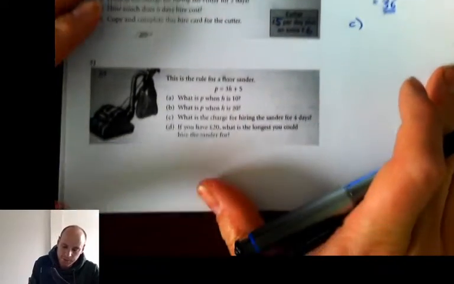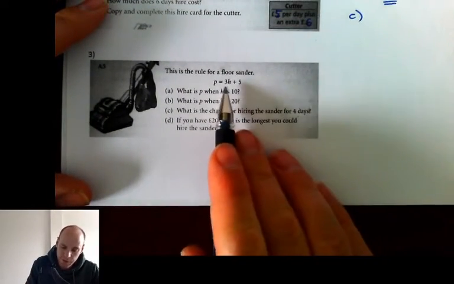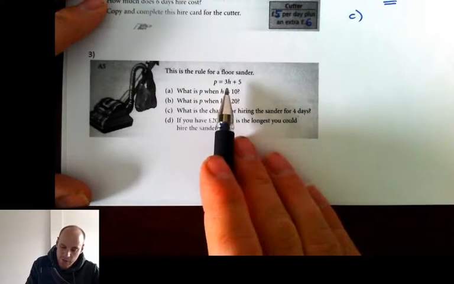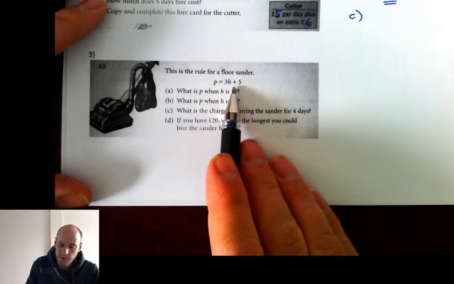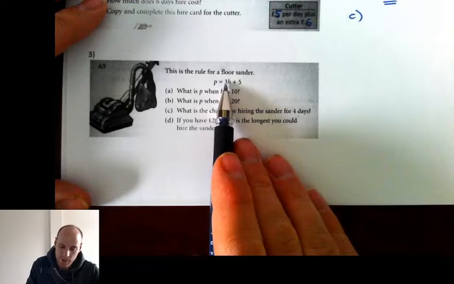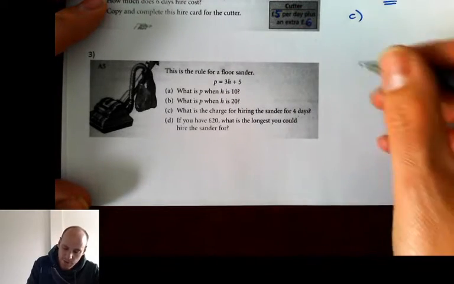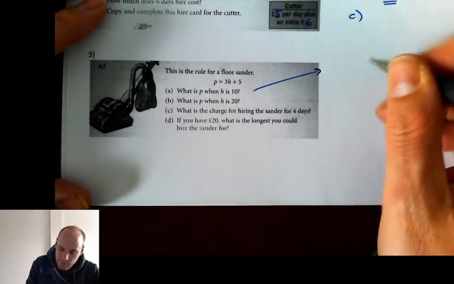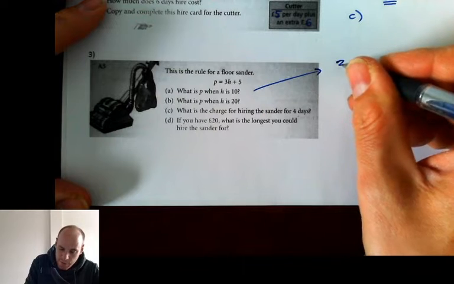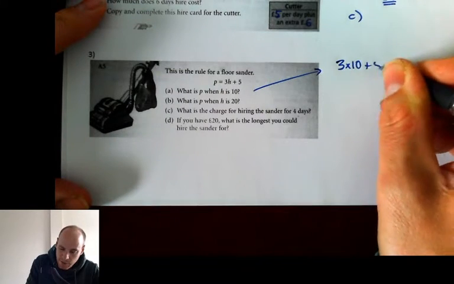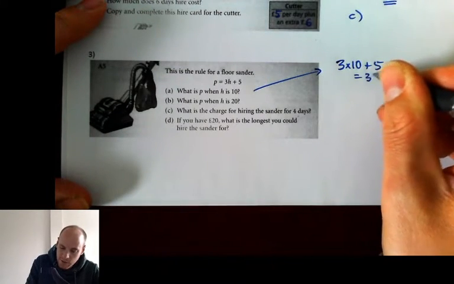Okay, moving on. We've got another rule here, and it's £3 per day plus £5. So that's £3 per day plus £5. So for part A, we're going to do 3 times 10 plus the 5, which is 35.